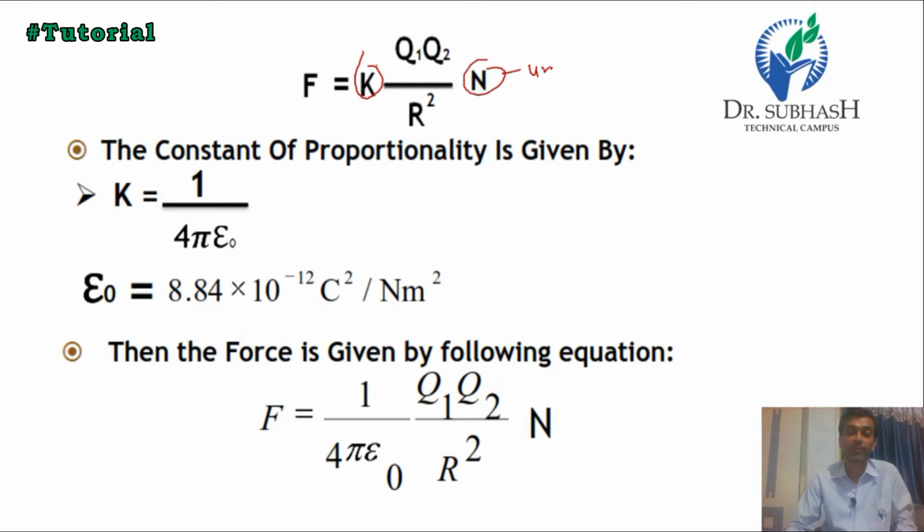The value of K is 1 upon 4 pi epsilon 0, and the value of epsilon 0 is 8.854 times 10 raised to minus 12 coulomb square per Newton meter square. Then the force F in general form is F equal to Q1 Q2 upon 4 pi epsilon 0 r square Newton.